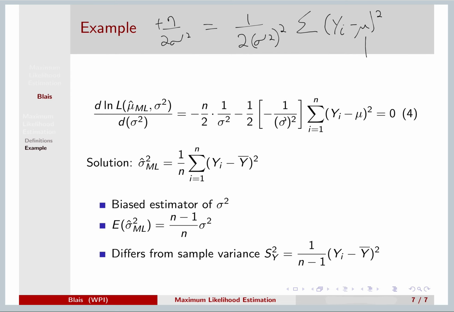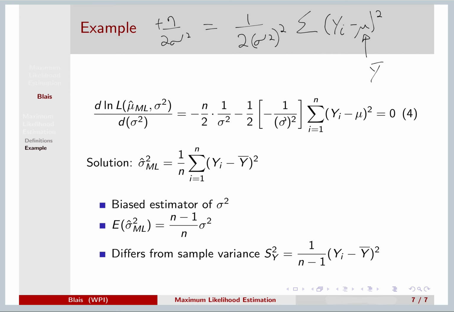And remember, we have set this to be our y bar because we fixed mu. And now you see, you multiply both sides by sigma squared and divide by n, and your result is this expression that we have here.